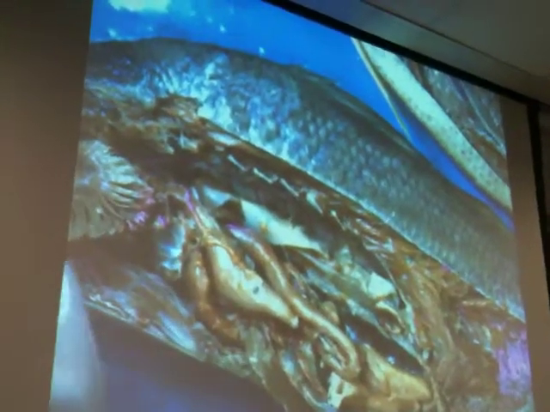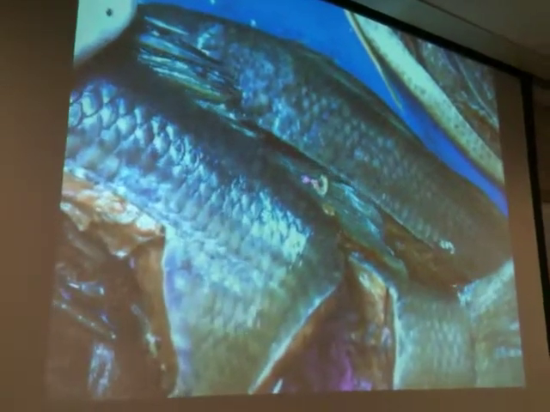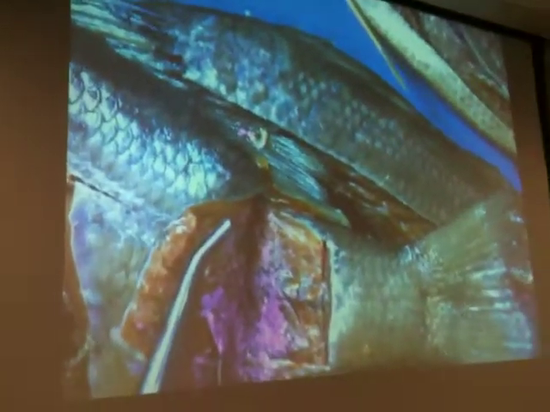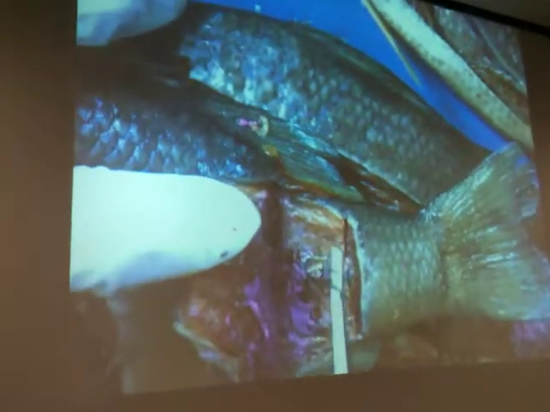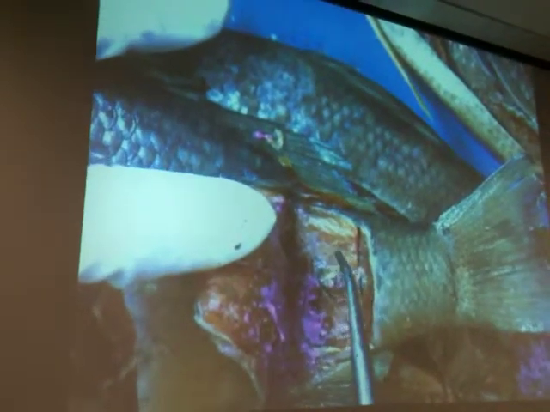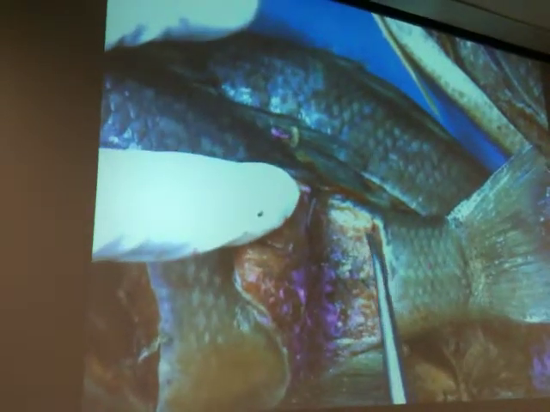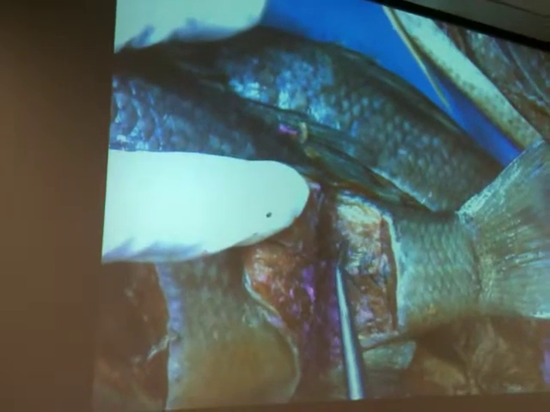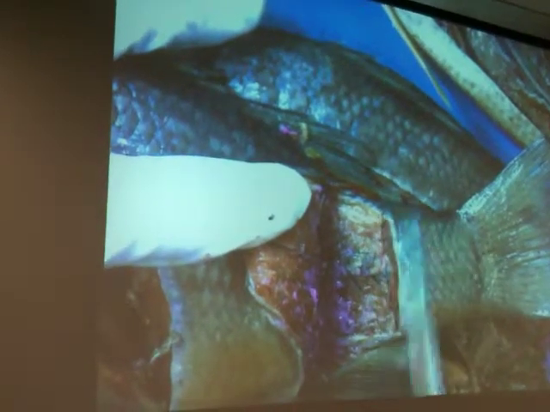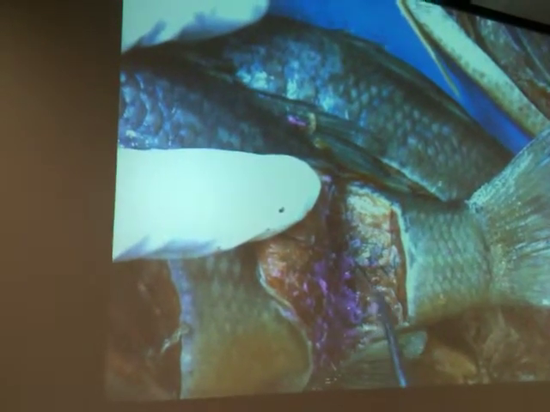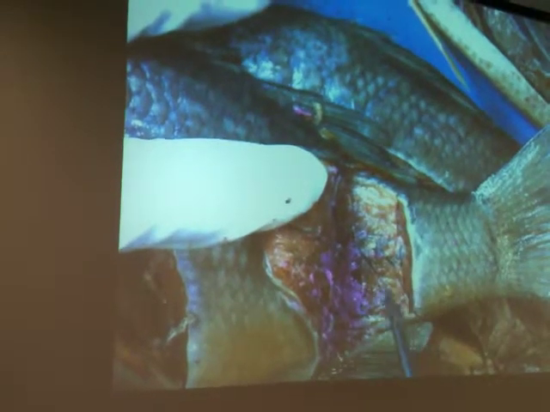Okay. The last thing that I want to go over is the musculature. Okay, if you cut into the musculature of your fish, it's made up of segments called myomeres, and you'll need to know that the myomeres that are more dorsally located are called epaxial, and the ones that are ventrally located are hypaxial.